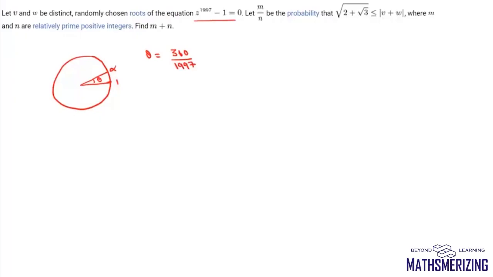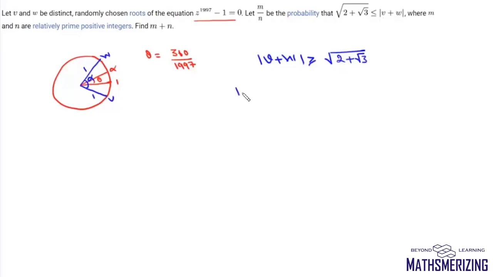Now suppose we have two roots, say V and W, and the angle between them is say alpha, then we can write mod of V plus W is greater than or equal to root of 2 plus root 3. Now we know that modulus of a root of unity is 1.